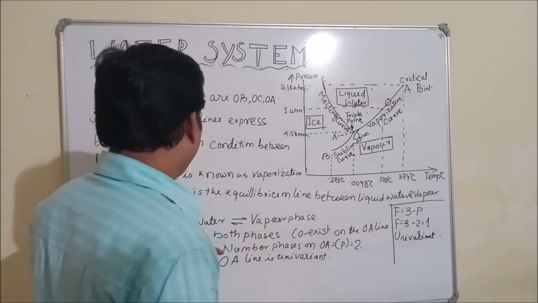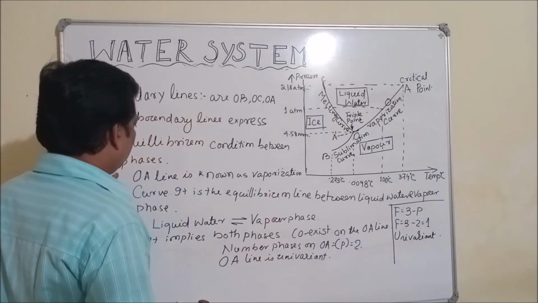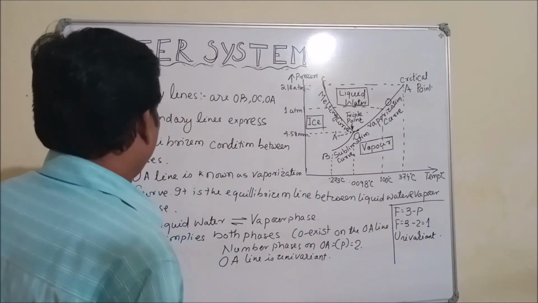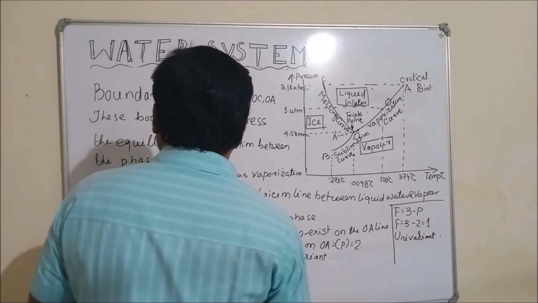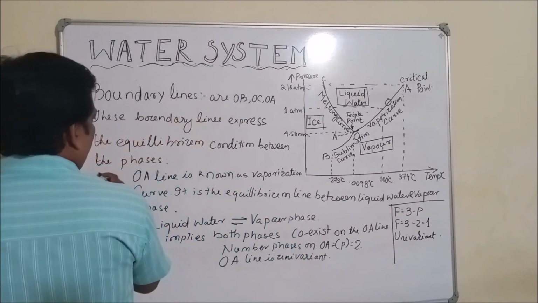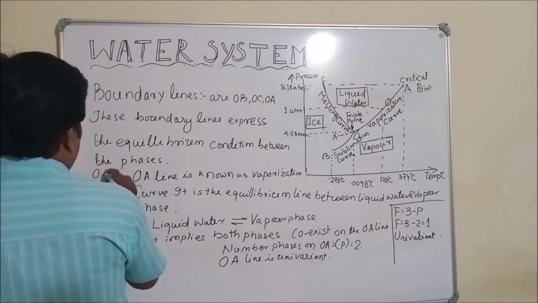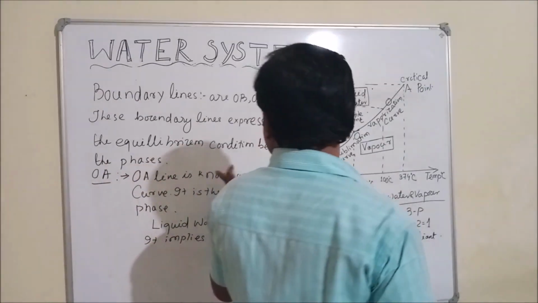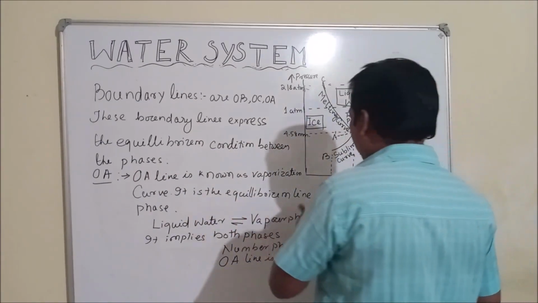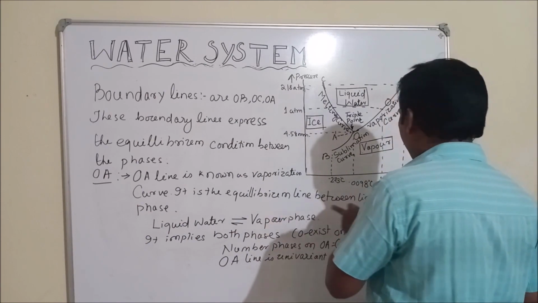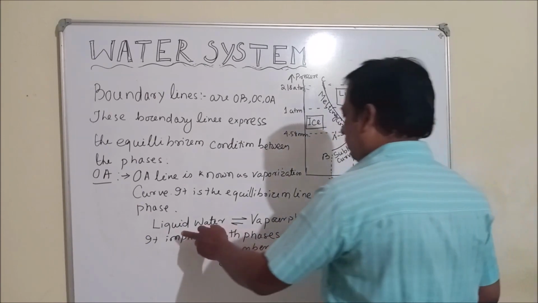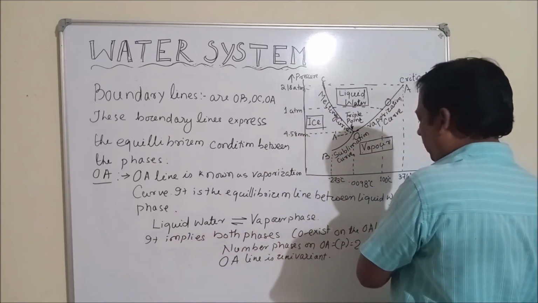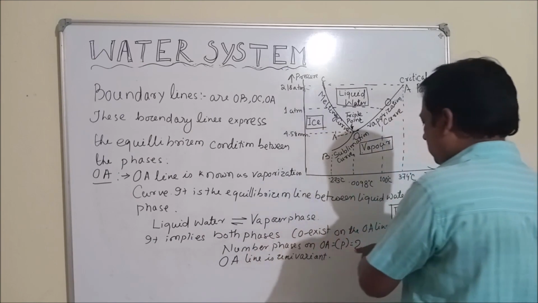Similarly, you can write for the OB line. All the lines, OA line, OB line and OC line, are under similar conditions. For the OA line, it is known as the vaporization curve. It is the equilibrium line between liquid water and vapor phase. Both phases coexist on the OA line, and the number of phases on OA is 2.